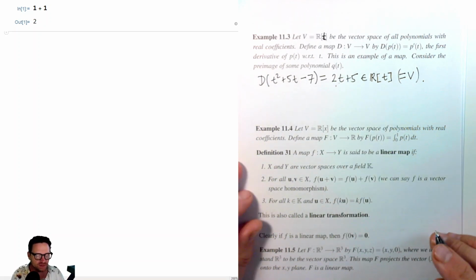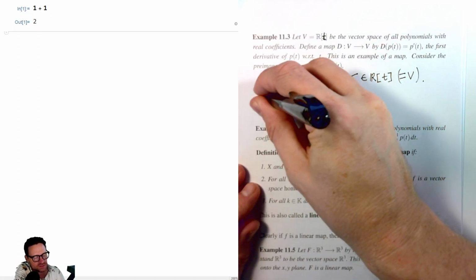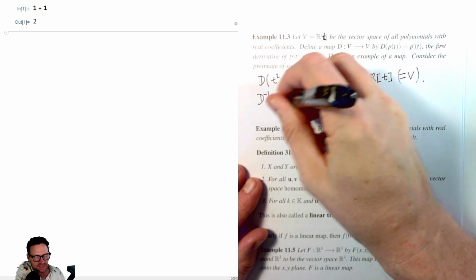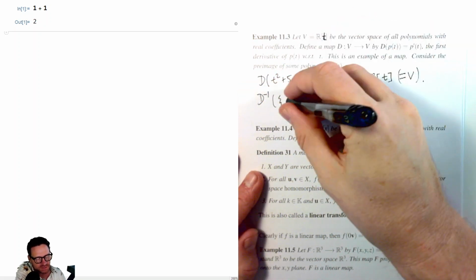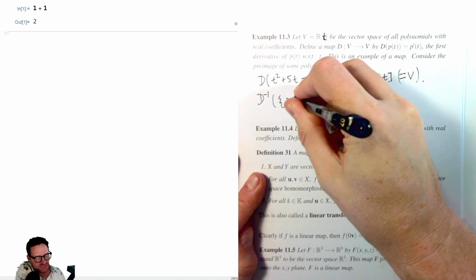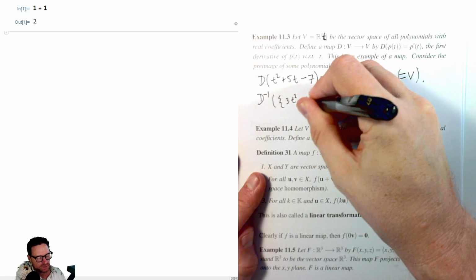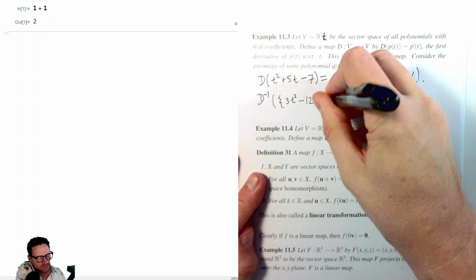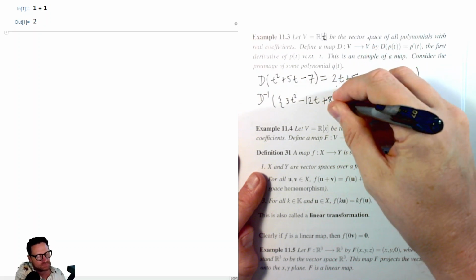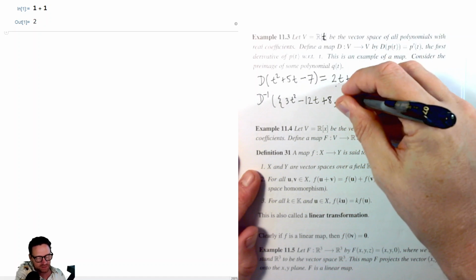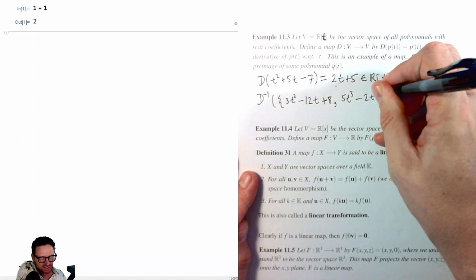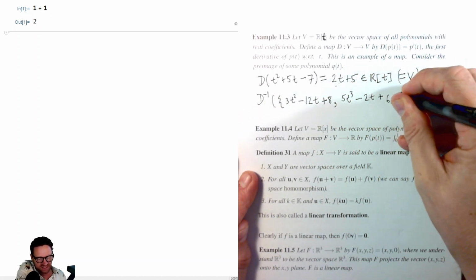Okay, let's have a look at the preimage of something. So D inverse of, say, let's just choose a set of polynomials, 3t squared minus 12t plus 8, and then let's choose another one, 5t cubed minus 2t plus 6, for example.